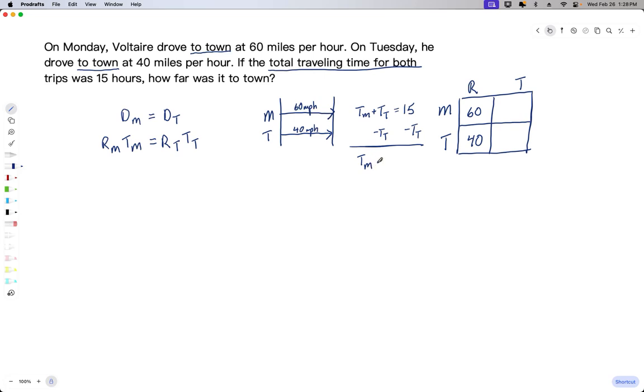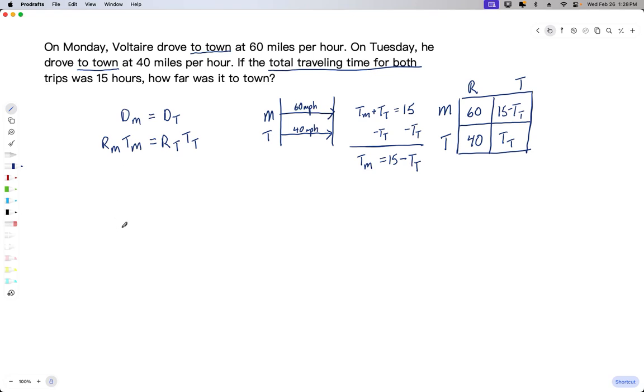So the time Monday is equal to the total 15 hours minus whatever the time was on Tuesday. So these are going to be my values. So the time on Monday is 15 minus the time on Tuesday. And the time on Tuesday, we don't know what that is, so it just remains the time on Tuesday. These are my substitution values for my equation. So you have all the information you need to solve it.